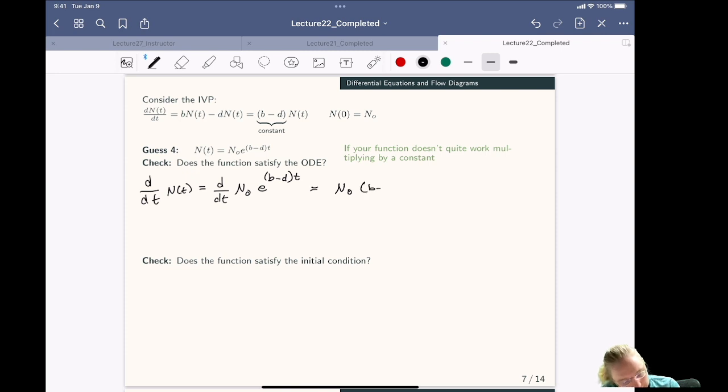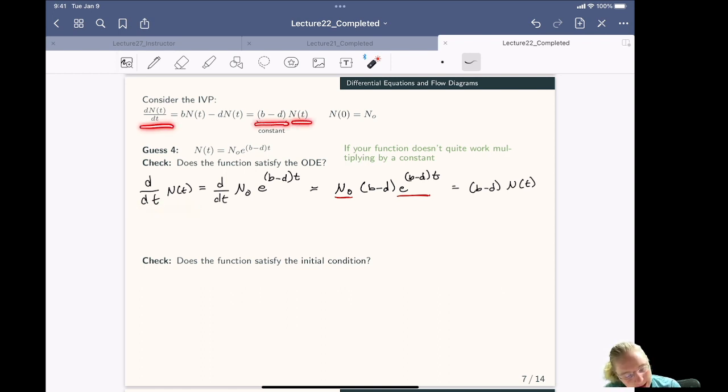Then we take the derivative of the exponential, and we get e to the b minus d t times b minus d. All right, now this quantity here multiplied by this quantity here is our n of t, so we have b minus d times n of t. So we end up with d by dt of n of t is equal to b minus d times n of t.